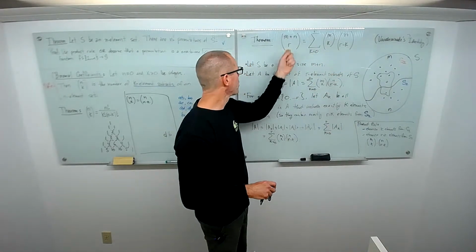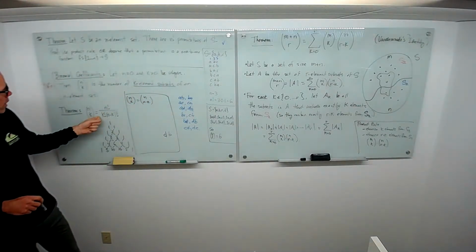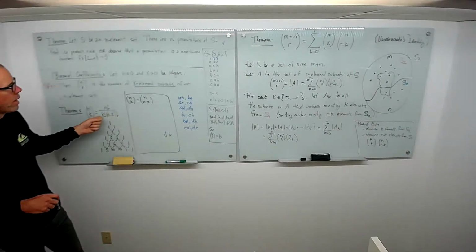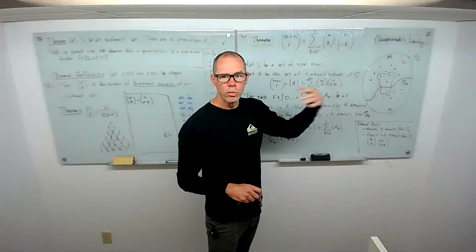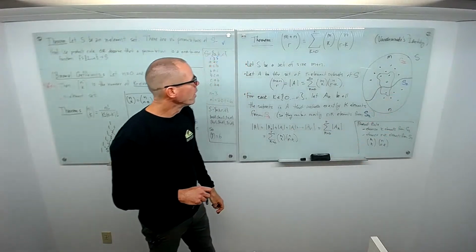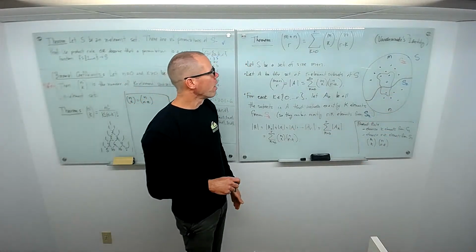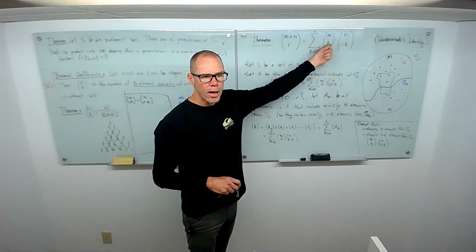This thing is quite simple. It just looks like this, except you replace M with M plus N, and you replace K with R. That's what this thing on the left-hand side looks like. This thing on the right-hand side is a huge sum. It's a sum with R plus 1 terms. It would be really not obvious how to prove that that is equal to that.